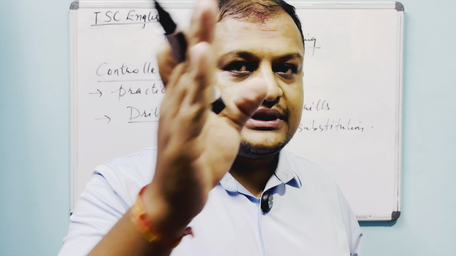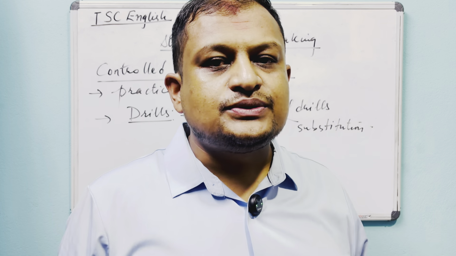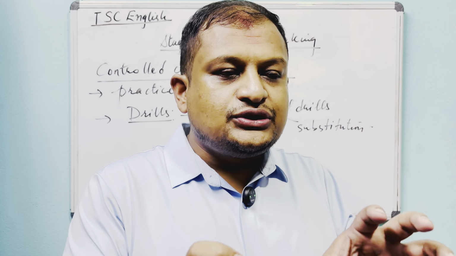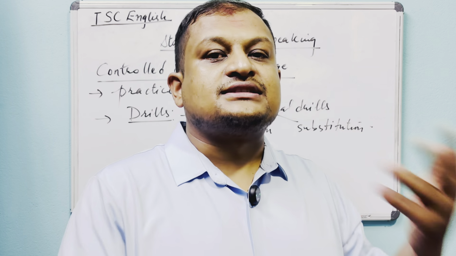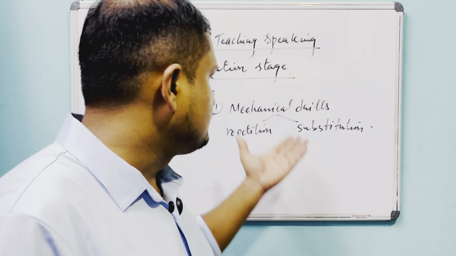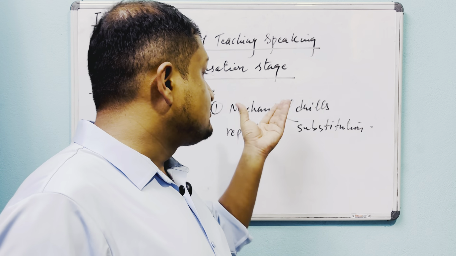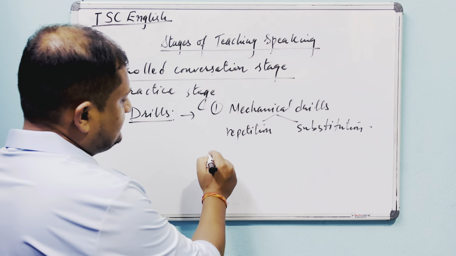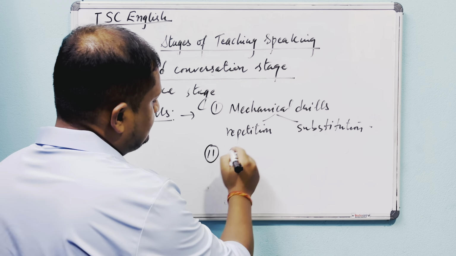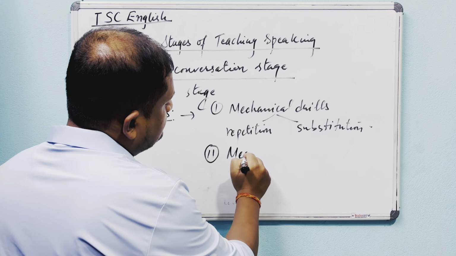So Hari is playing volleyball can be said by the students. So they can use the sentences or the words as necessary according to situations. That is what we call substitution drill. These drills help a lot to learn any language. Another is a bit more advanced drill, called meaningful drill.